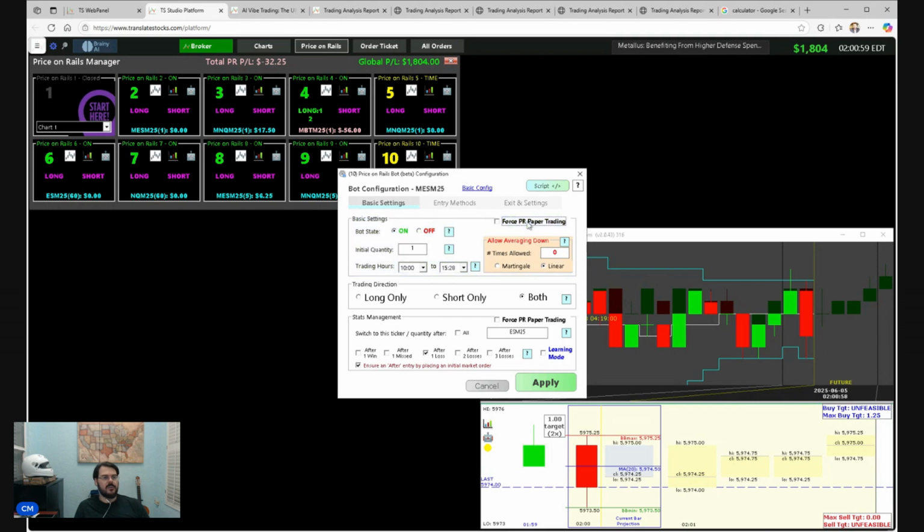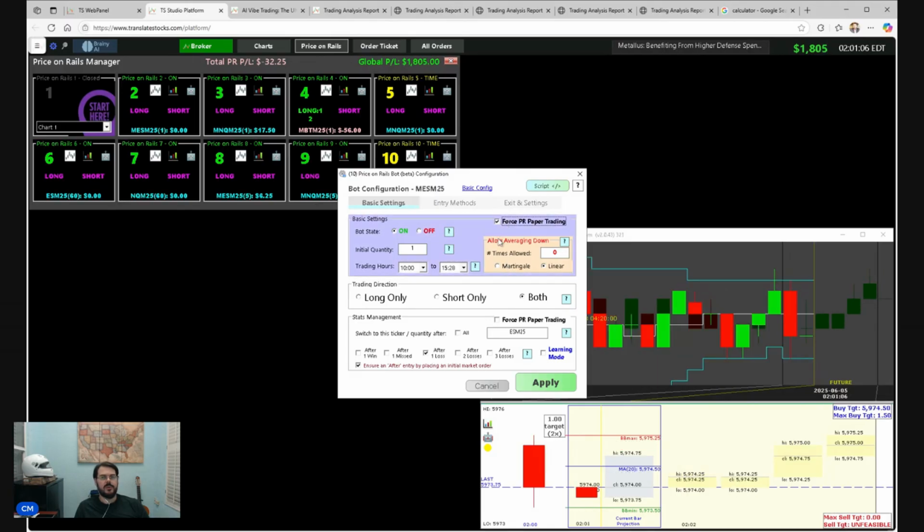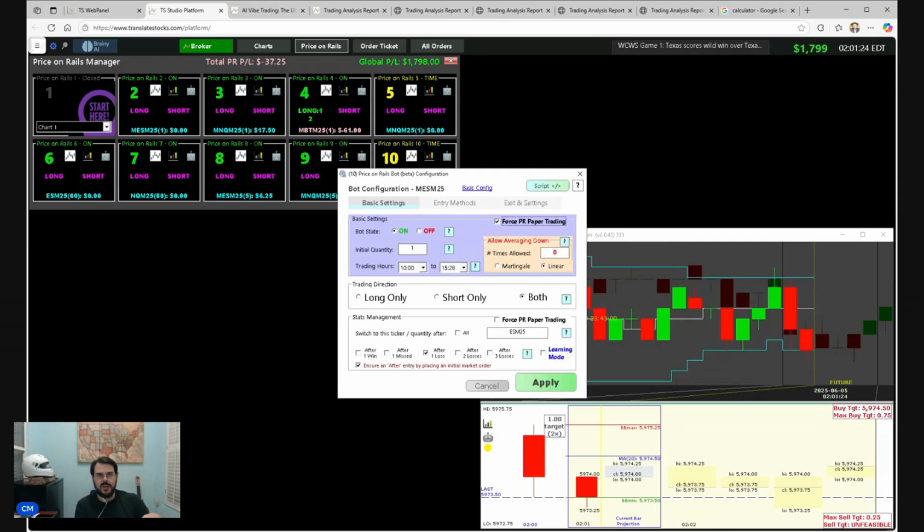We are paper trading. When you use this flag, you force paper trading. It doesn't matter if you are connected to your real account, because if you use this flag, the platform will not send the order to the broker. It will send the order to an internal built-in paper trading broker that it has running locally inside your server.